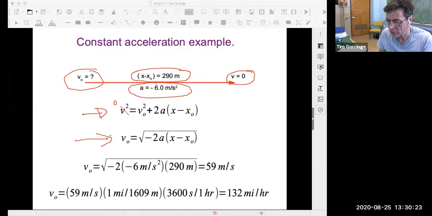I get this simple result, that the initial velocity, the thing that we want, is the square root of -2 times the product of the acceleration and the displacement. The acceleration we know, and the displacement we know, so we can feed them in. That's what I did down here.